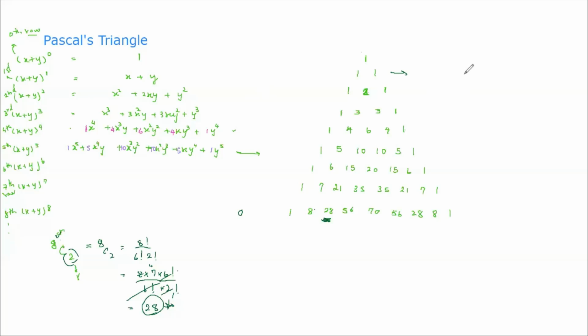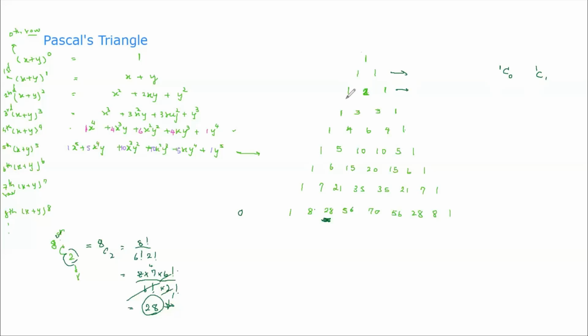We are going to write this as C. Always start from 1C0, and the next one is going to be 1C1, correct. Then the second row.